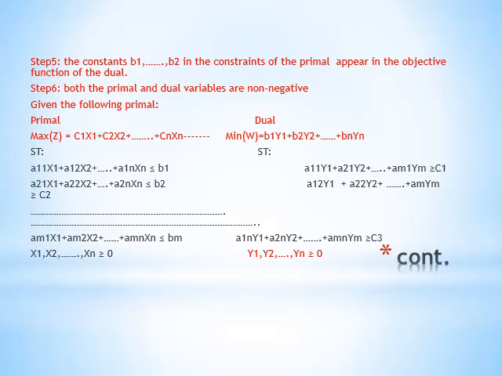Check C1, C2, Cn in the dual at the right side of the constraints. The coefficients of the dual are the resources, the constants of the right side of the constraints of the primal.